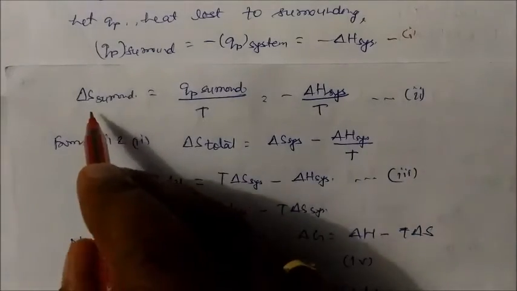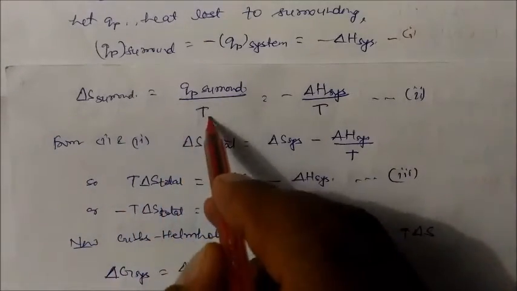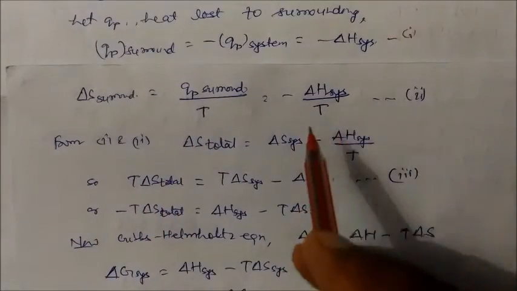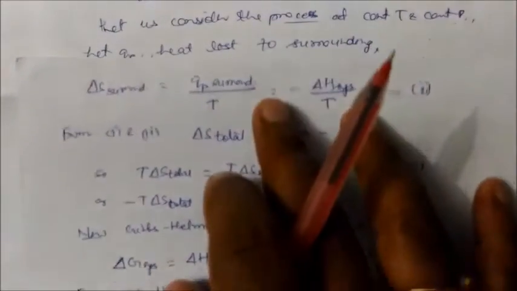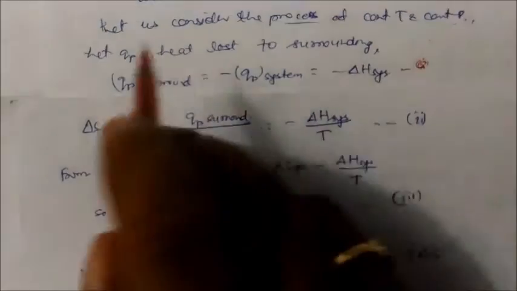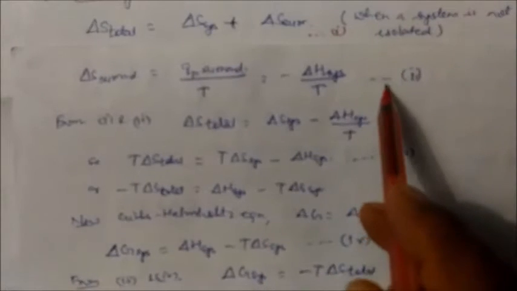So the delta S of the surroundings will be equal to QP of the surroundings by T, which is minus delta H of the system by T. So from 1 and 2: delta S total is equal to delta S of the system plus delta S of the surroundings. From 1 this one, from 2 this one, so we can substitute the value.